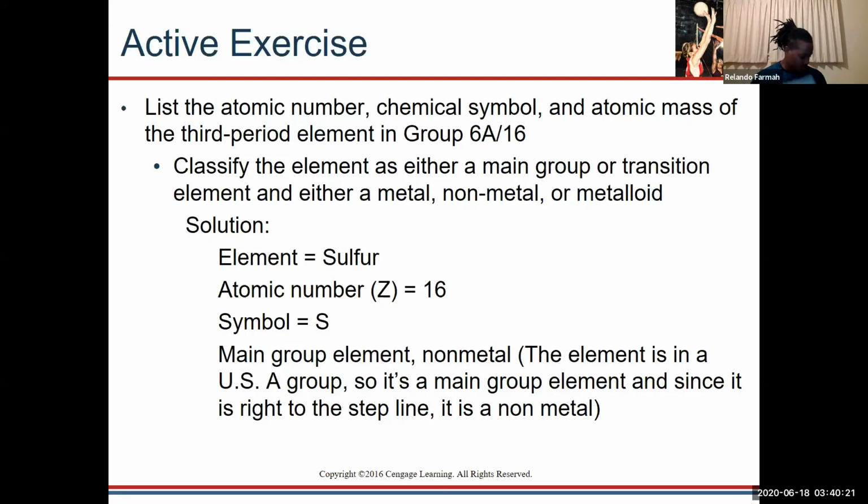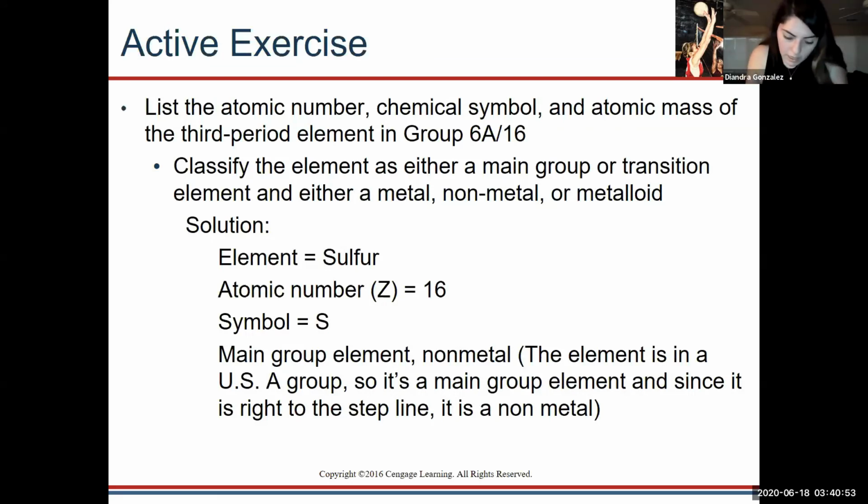Okay. Are you guys ready for more? You want more, right? Yes. Okay, good. Let me put my glasses on. One more for the road. List the atomic number, chemical symbol, and the atomic mass of the element in the fifth period, group 14.